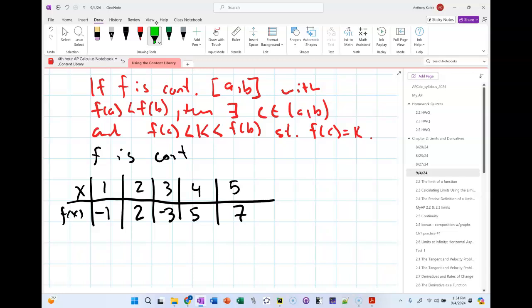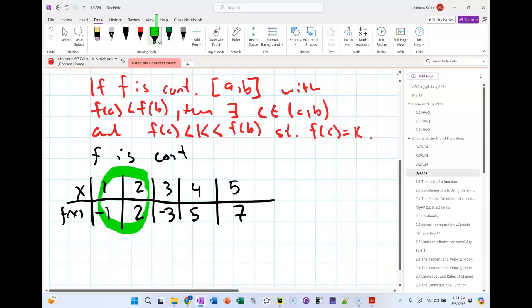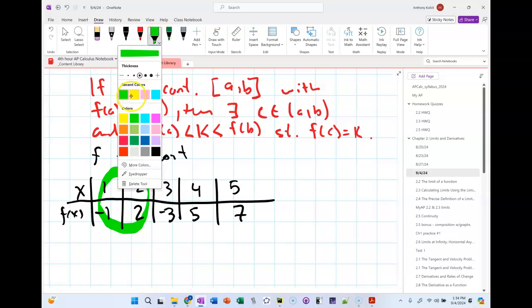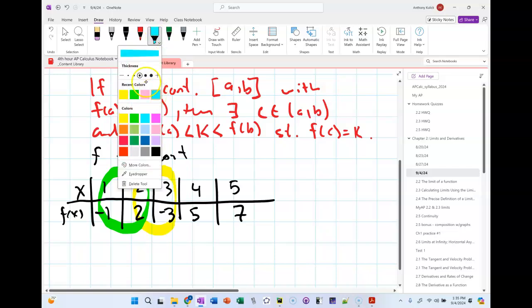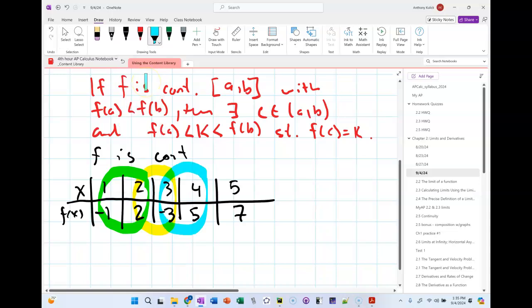So basically I'm looking at how many times does f of x equal 0, right? Well, it's got to cross once here, going from negative to positive. It's got to cross once here, going from positive to negative. And then it's got to cross once here, going from negative back to positive.